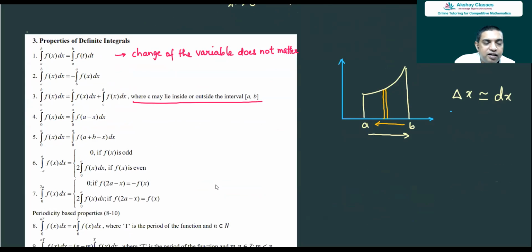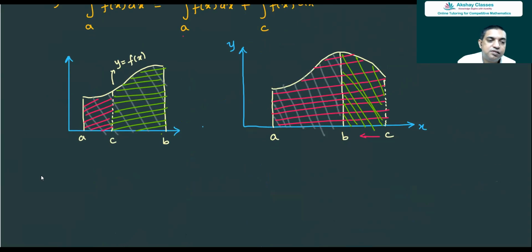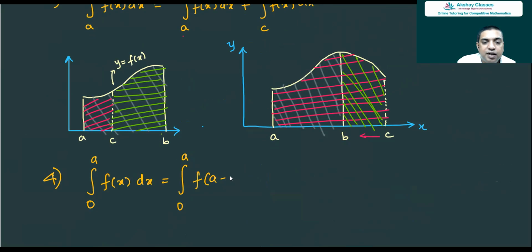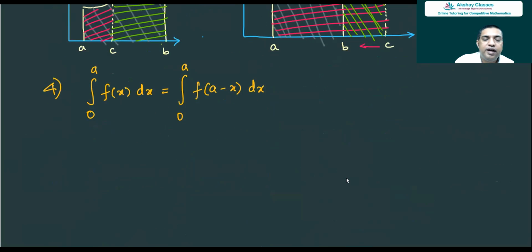Next, fourth property, a very useful property. Integral 0 to a f of x dx is the same as integral 0 to a f of a minus x dx. Why does this happen? Of course, the proof you can take easily and prove it.